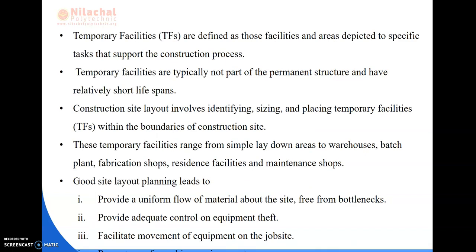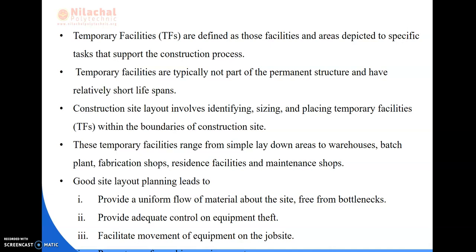Next, temporary facilities can also be defined as those facilities and areas devoted to specific tasks. Temporary facilities are not permanent, but they have relatively short lifespans. They range from simple lay down areas to warehouses, batch plant, fabrication shops, residence facilities and maintenance shops.